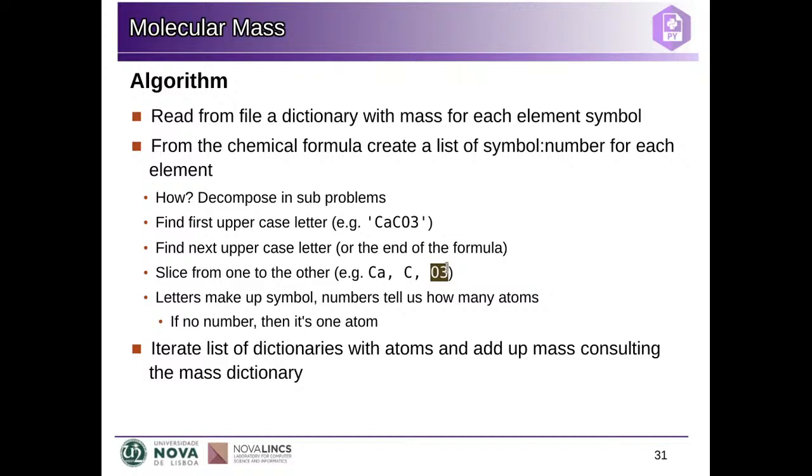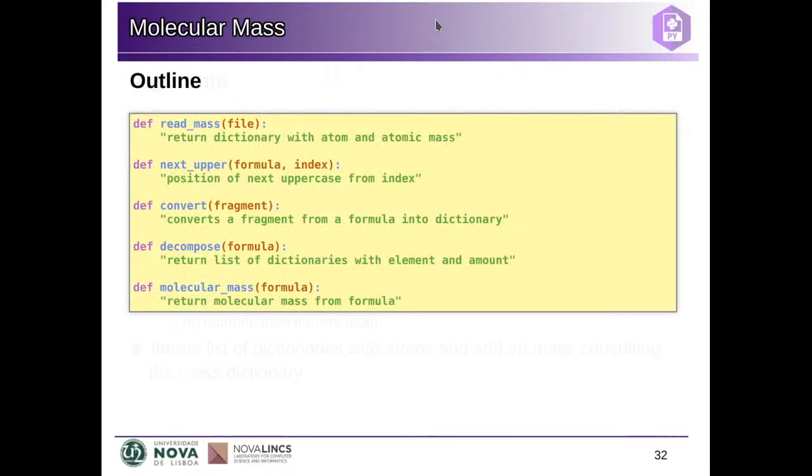For example, a dictionary that tells me that O3 is the atom of element O with 3 times that atom, so I can easily do the operations. So this convert will create a dictionary that has the element and the number of times that atom appears.